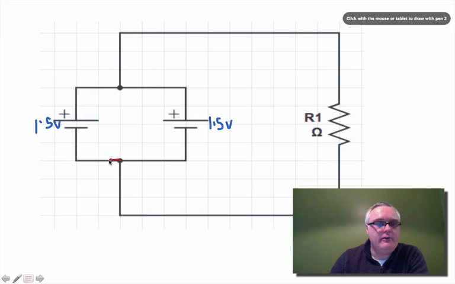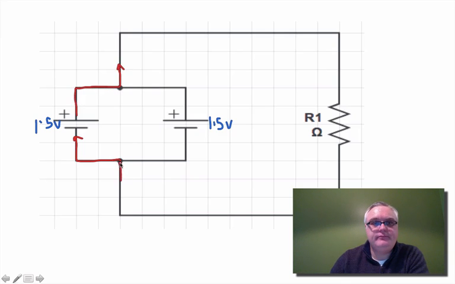Each coulomb of charge either goes along this path, gains 1.5 volts, and then goes out into the circuit, travels around, gives up that 1.5 volts to this resistor and comes back, or it goes through this battery and gains 1.5 volts and then goes out into the circuit. So each coulomb of charge is only passing through either the left battery or the right battery and gaining energy through only one of the batteries.